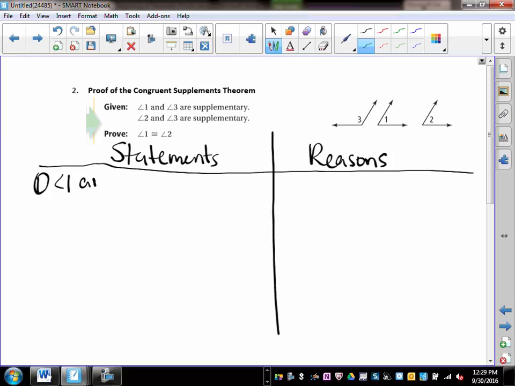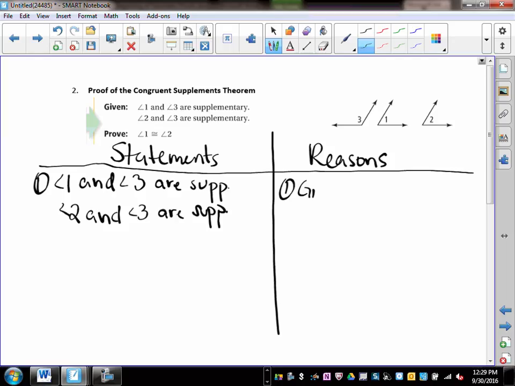Angle 1 and 3 are supplementary. So, angle 2 and angle 3 are supplementary. And that is given to us. Supplementary. Supplementary.